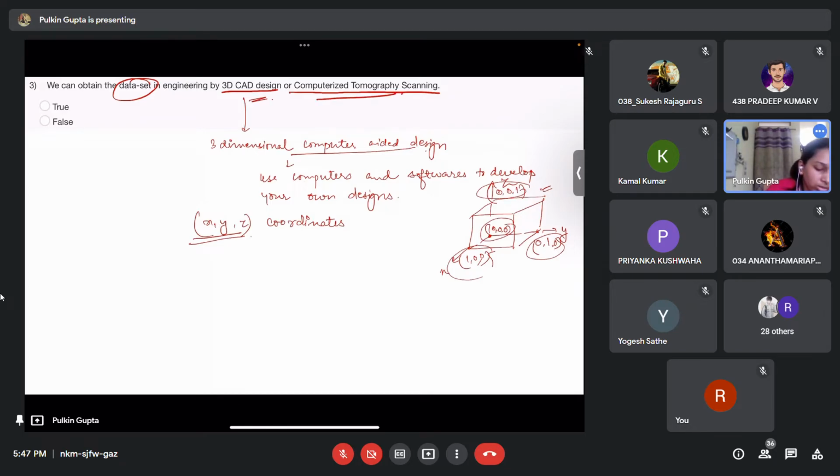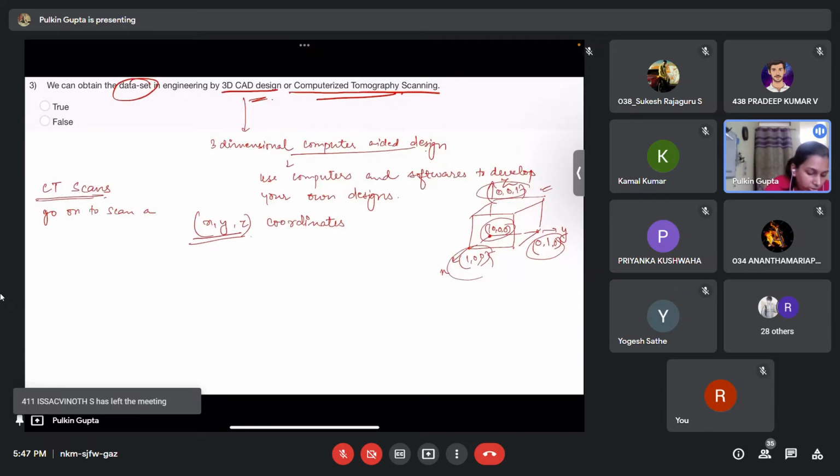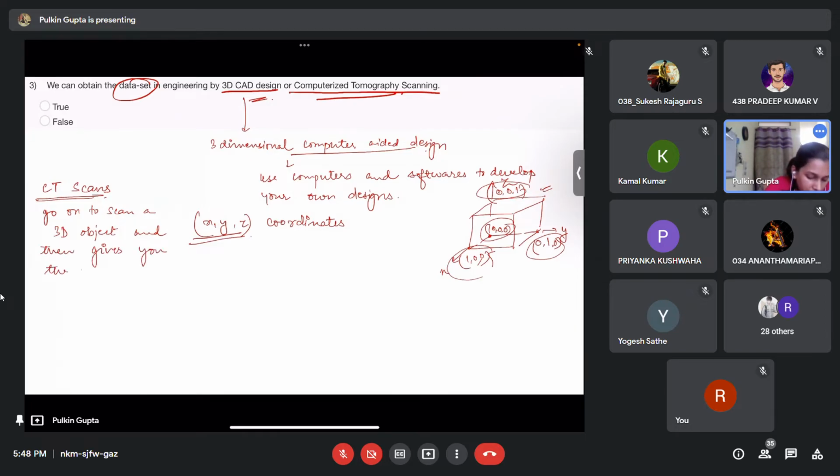Now, computed tomography scanning. In very common language, this is what is termed as CT scans. So there are certain devices which go on to scan a 3D object and then give you the information about the contours or the surface morphologies.